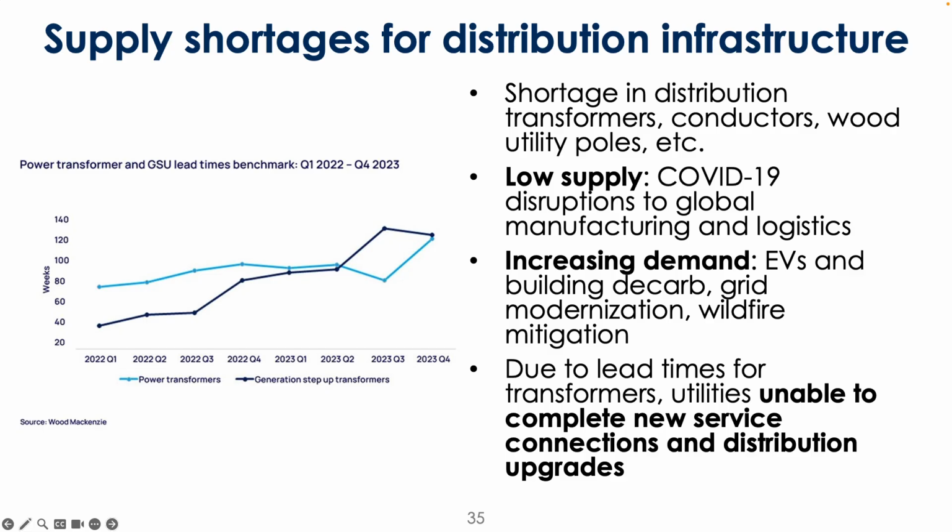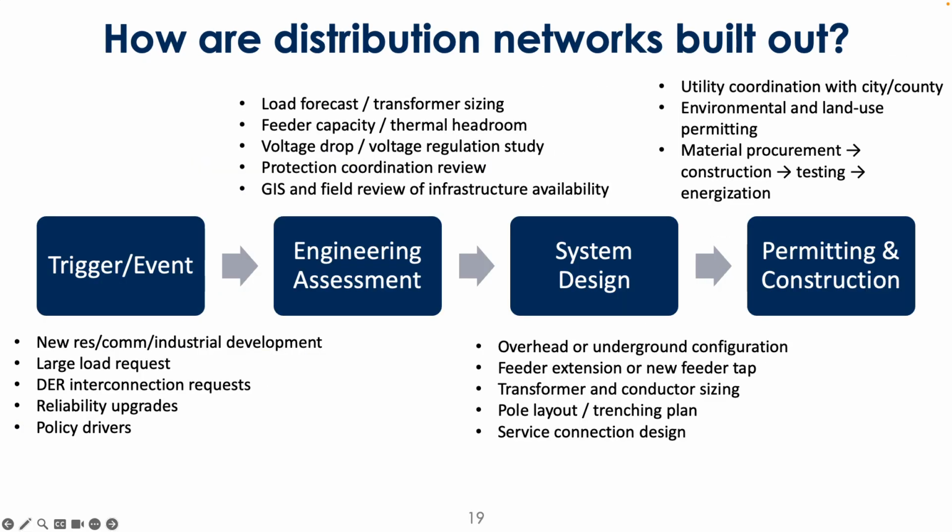Remember when I was talking about that whole process of getting something deployed, where were we? Way back over here. You have this trigger event, you do the engineering assessment and system design, and you get to this part where you actually need to build and deploy it, and the utility says, sorry, we can't do this for like 2 or 3 years.